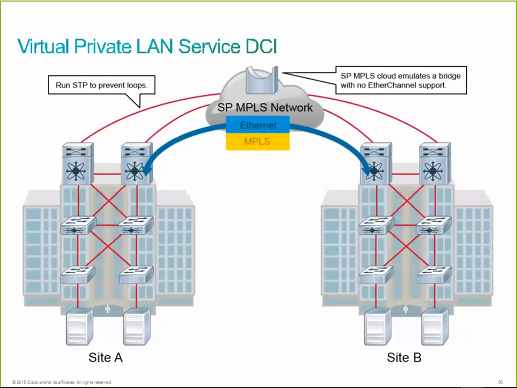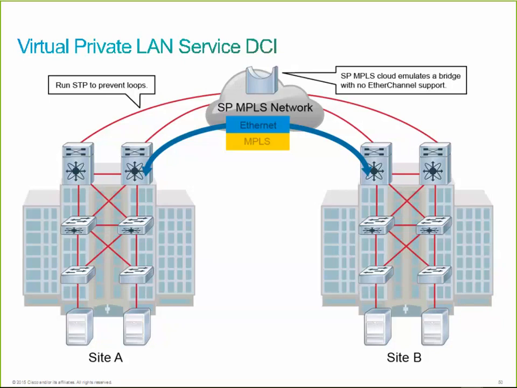There is another solution. It's called A-VPLS, which is the Advanced Virtual Private LAN Service, and this is a Cisco extension to this VPLS solution. And what A-VPLS does is it extends the multi-chassis Ethernet channel concept over that VPLS network.